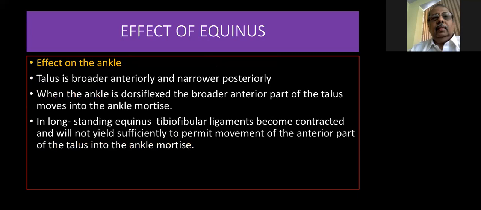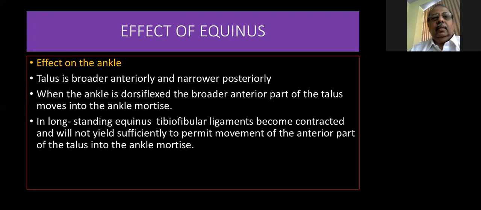What is the effect on the ankle? This is one question that is commonly asked in the exam. What is the effect of a long-standing equinus at the ankle? If you look at the anatomy of the talus, the anterior part of the talus is broader compared to the narrower posterior part. Therefore, when the ankle is dorsiflexed, it is the broad anterior part that engages the ankle mortise, so the ankle mortise becomes wider.